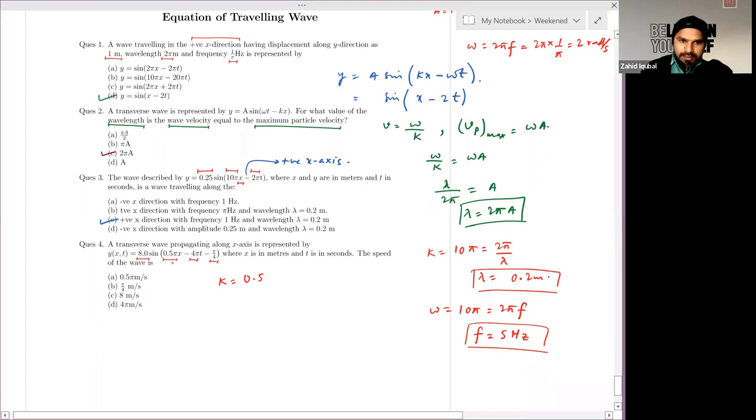So we have k equal to 0.5 pi and omega equal to 4 pi.